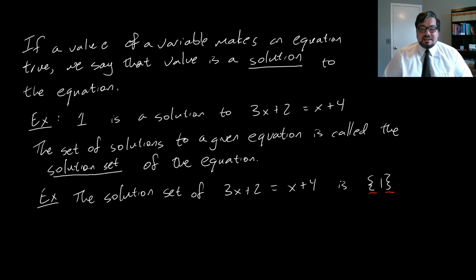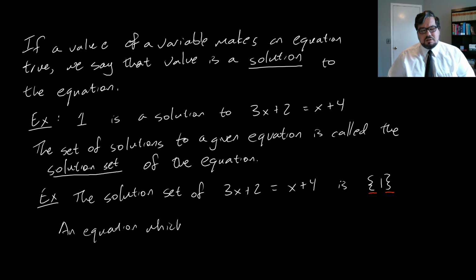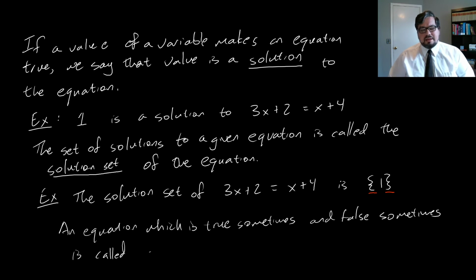Now, equations like this, which are true for some values of the variable and false for other values of the variable, are, as I mentioned, the most common type of equations that we run into, and we give them a name. An equation which is true sometimes and false sometimes is called a conditional equation.